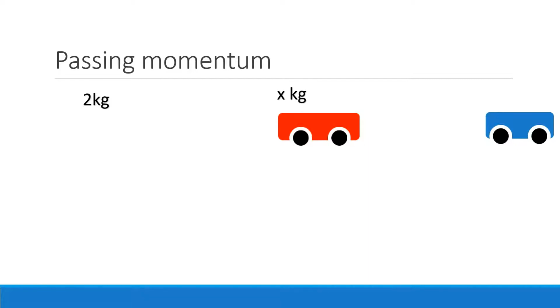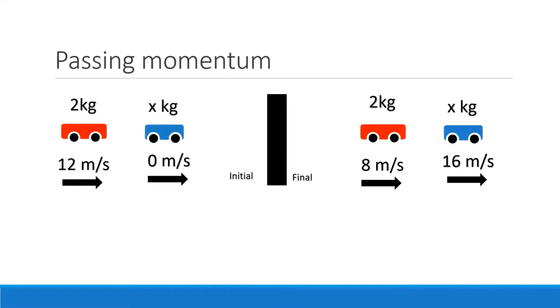So here's the question. Let's go have a look here. Let's say that initially the speed of that first red car was 12 meters per second, and we'll say that the blue car wasn't moving. Let's just analyze it. Let's say we don't know the mass of the blue car.